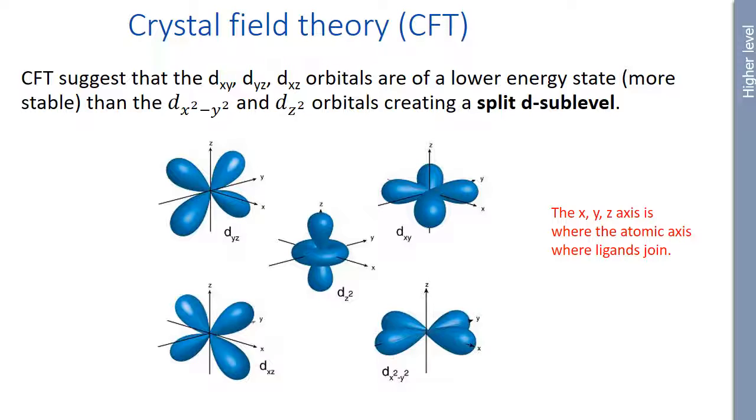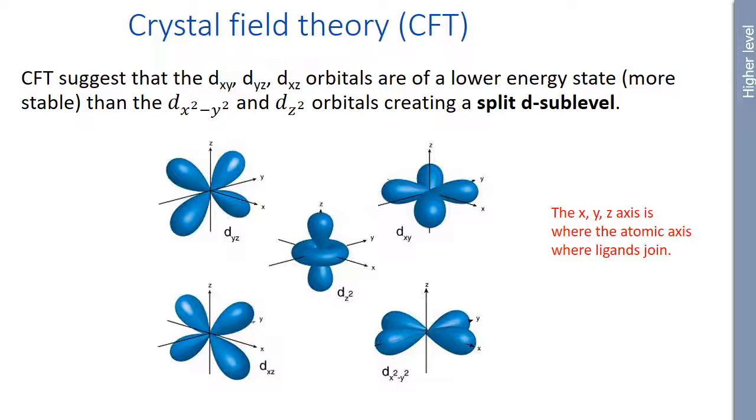The dxy, the dyz, and dxz, depending on their direction in 3 dimensions, which are of a lower energy state, therefore more stable, and the dx squared minus y squared and dz squared orbitals, which are of higher energy, which means that when electrons enter them, that means that they have a split d sublevel.